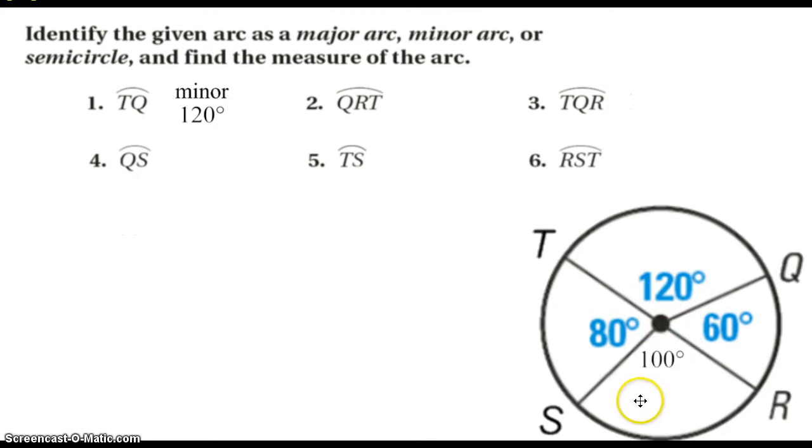Well, in that case, what's missing is 100 degrees. So if I wanted to find QRT, from Q to R is 60, R to T is 180. So 180 plus 60 is 240.